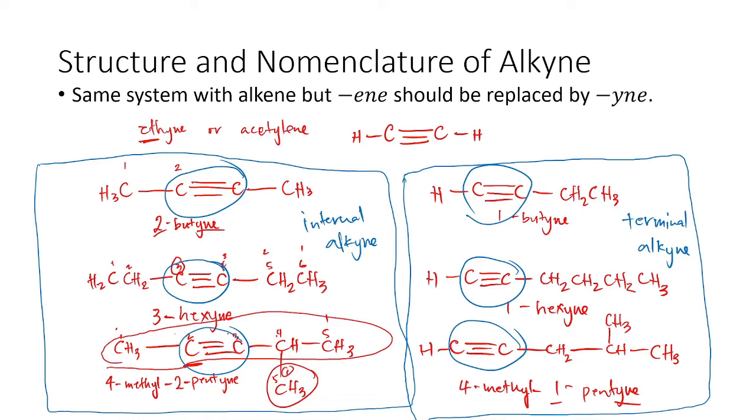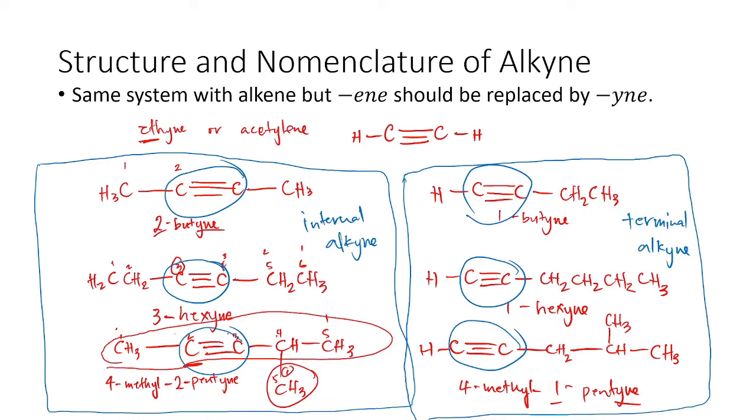So how about cyclic analogs of alkynes? So basically, when we talk about cyclic analogs, these are the ones that form a ring or a chain that closes. So when we talk about alkanes, the simplest form of cycloalkane is actually cyclopropane.